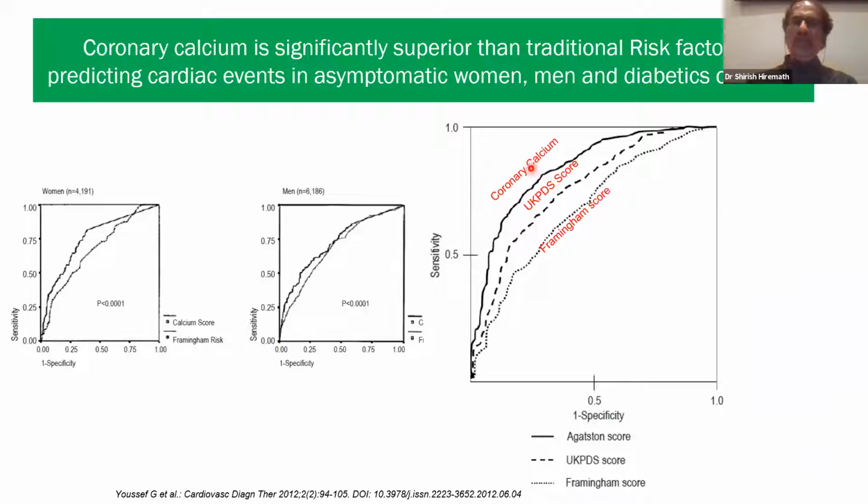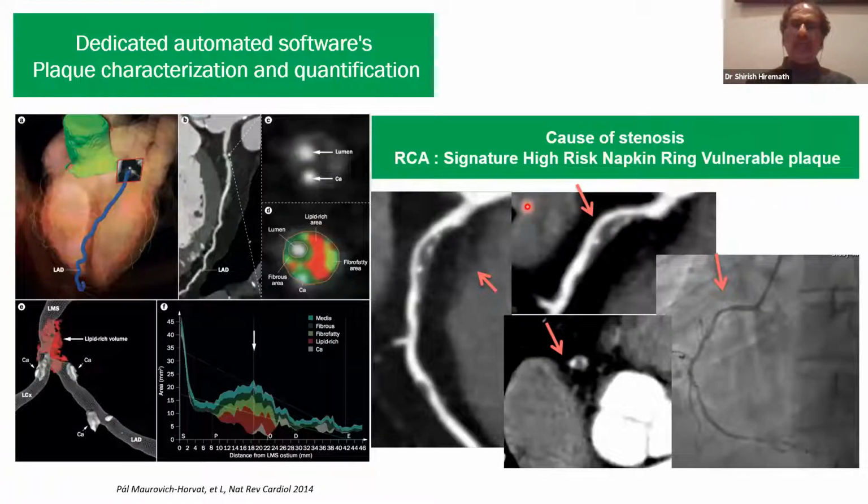Now, CT angio has a very good futuristic attitude also. It can tell you how much is the calcium, and various scores which we are used to, like Framingham score, UKPDS scores, are falling short as to the prediction offered by CT coronary angio. So if there is a CT angio done, I think get that information to the cath lab, because based on that, you can see your access, whether your aorta is calcified.